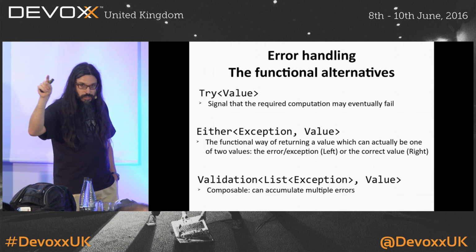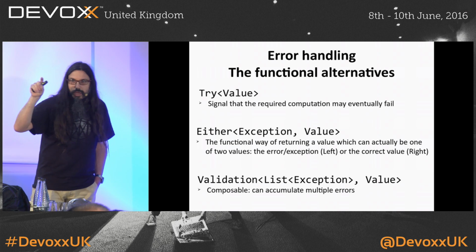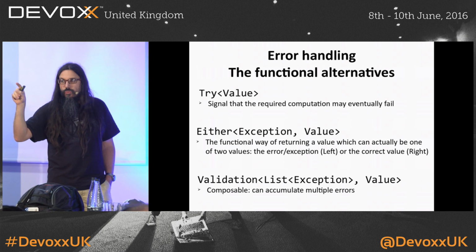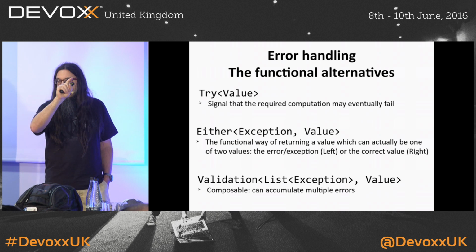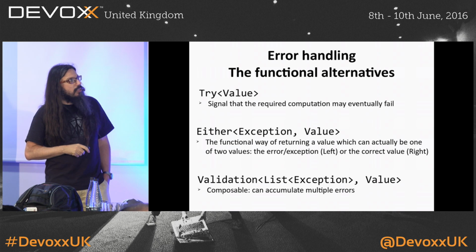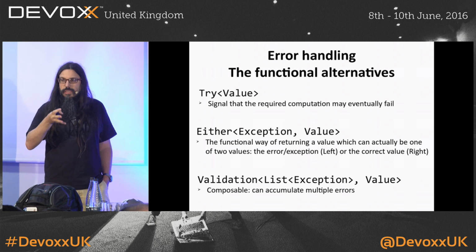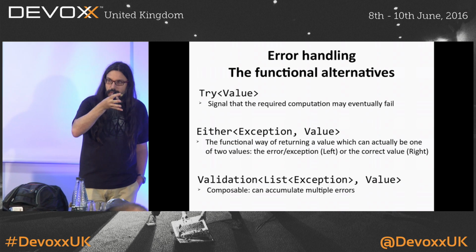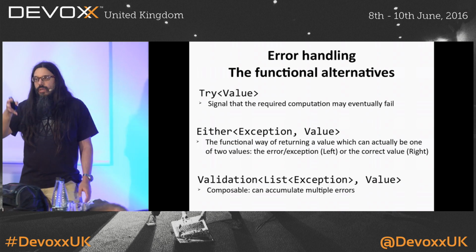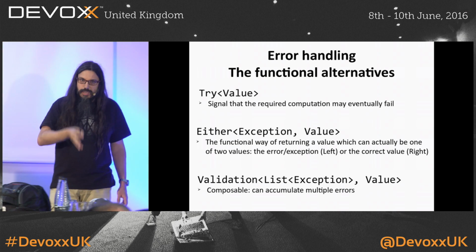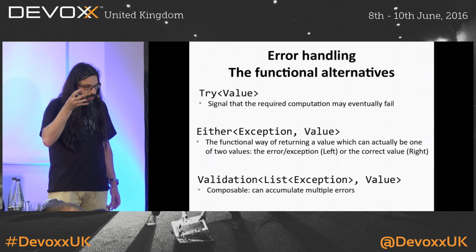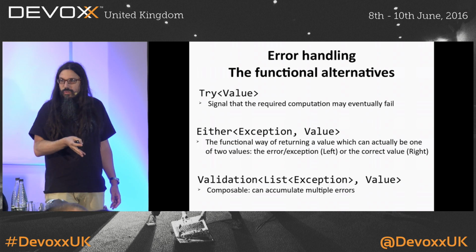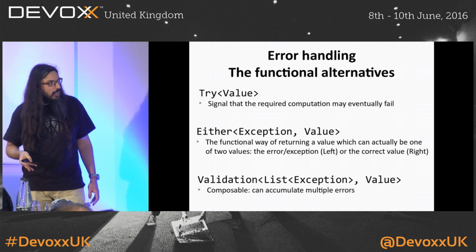And you can do exactly the same thing in a different way. Instead of throwing an exception and returning a value, you return a try of a value, meaning that the value could be there or not. The try could be a success, and in that case everything was okay and you have the value, or it can be a failure.